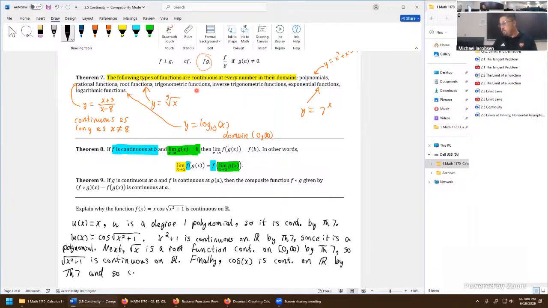And so cosine, let me write it this way, of the square root of x squared plus 1 is continuous on R by theorem 8. If we have a function composition of one function that's continuous on R and another function that's continuous on R, the full entire function composition is also continuous.